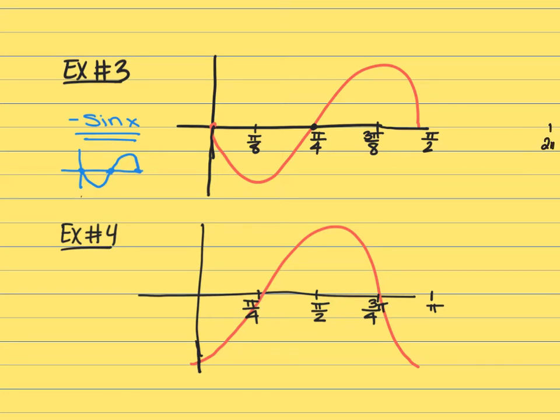Here's 2 pi. And we see that every half, right? So from 0 to pi over 2, every half I see 1 cycle. So you want to know how many halves, how many groups of 1/2 would it take me to get to 2 pi. So I know that another 1/2 would get me to pi, right? Then another 1/2 would get me to 1.5 pi. And then another 1/2 would get me to 2 pi.